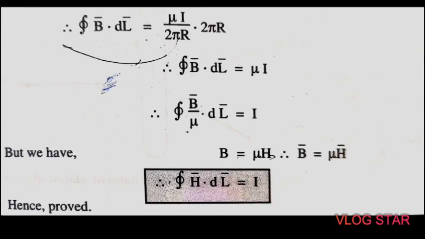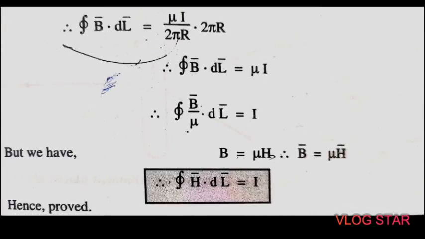So we can directly put this value of B into this equation, that is mu I upon 2 pi r into again this 2 pi r as it is. So this 2 pi r and this 2 pi r cancel. So we get line integral of B bar dot dl bar is equal to mu I.